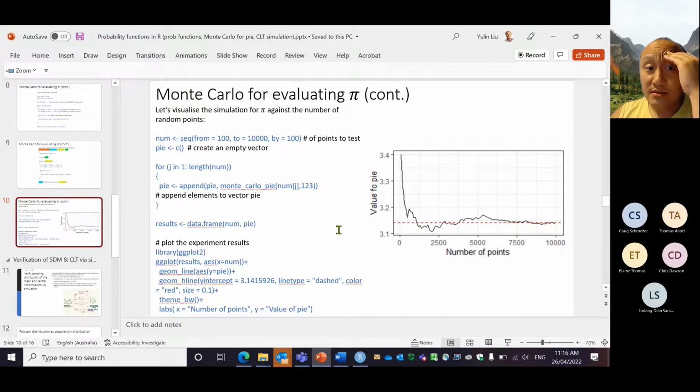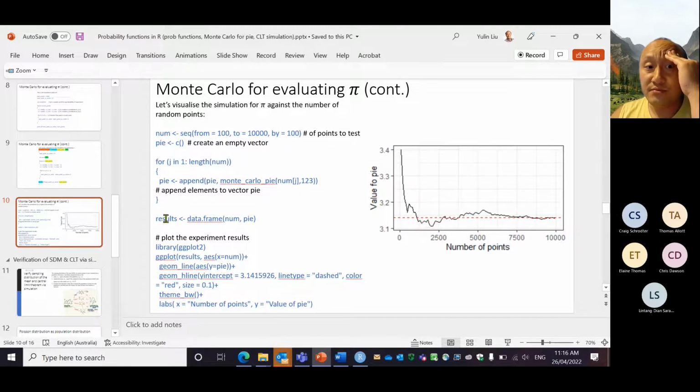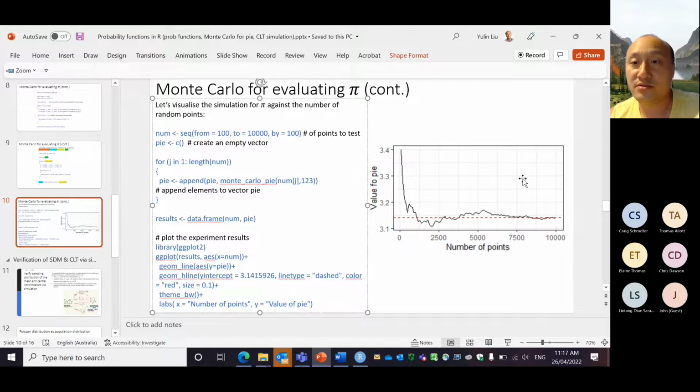So after this series of 100 experiments, I'm going to put these two vectors into a data frame. The first vector is the number of points of each experiment. The second vector is the pi value from each experiment. And then once we've got the data frame, we can just draw this graph as we did last week, which is a line chart or run chart. Okay. All right, let's do it.